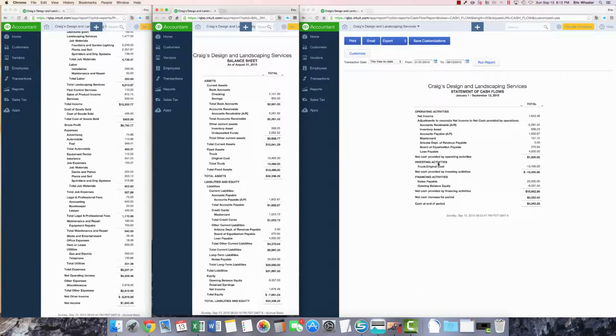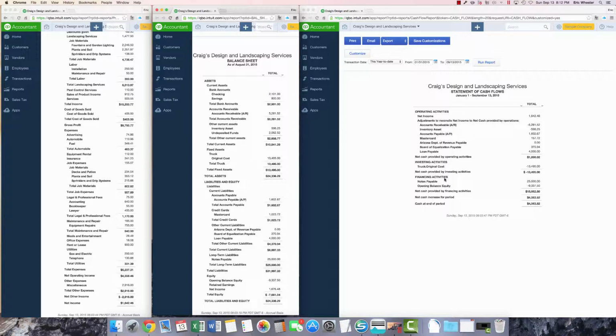And you can see here under investing activities, truck original cost, and we have subtracted out $13,945. And over on the balance sheet under fixed assets, you can see that asset is there for the actual $13,495. Okay, and here we have to subtract that asset out.